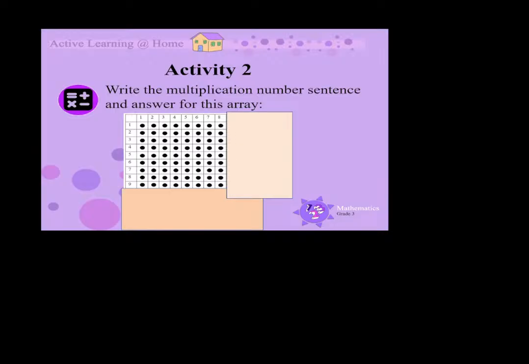There are 9 groups of 8. So the multiplication number sentence is 9 times 8. And when we count the dots, the answer is 72.